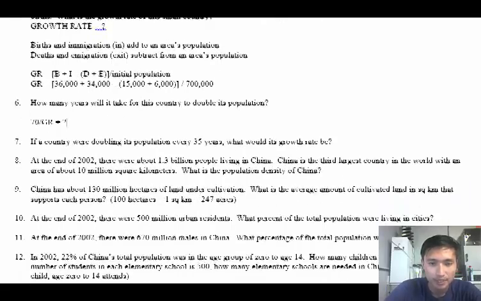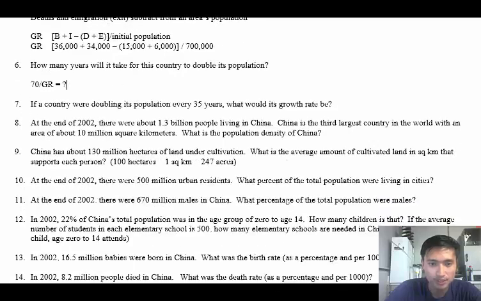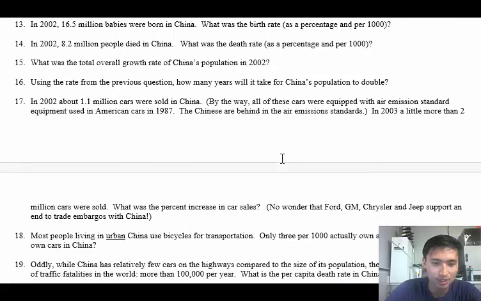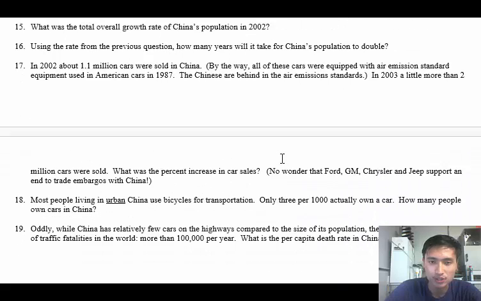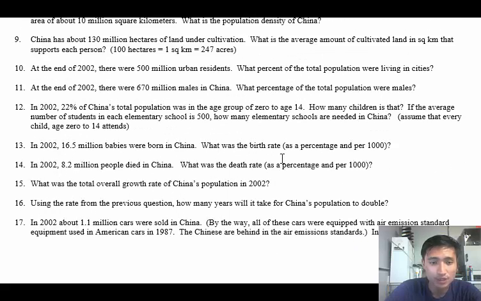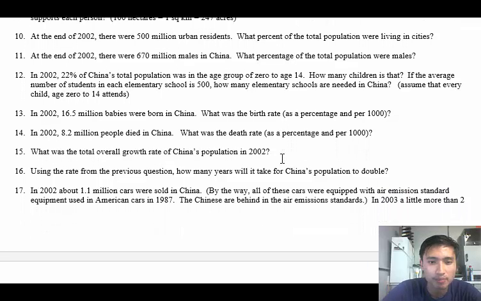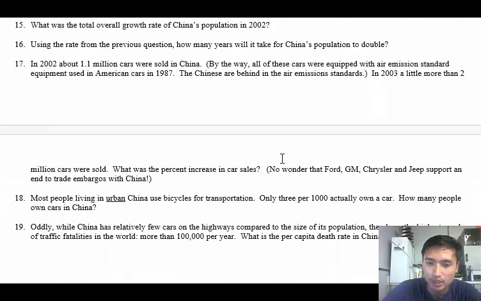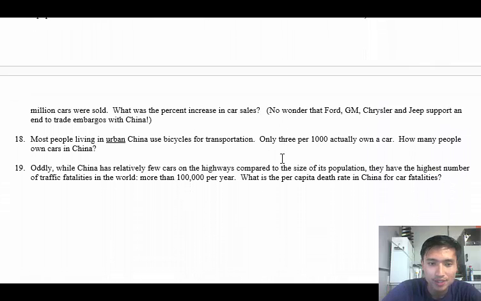Okay. There are several questions here. Some are about China, some are about Canada, some are about California. Okay. So let's go ahead, and I want you guys to try to figure out the rest for me. Let me just scan real quick if I want to pick out one that might be particularly difficult. And just note, not all of these are math.